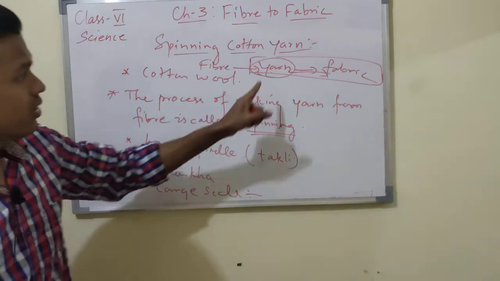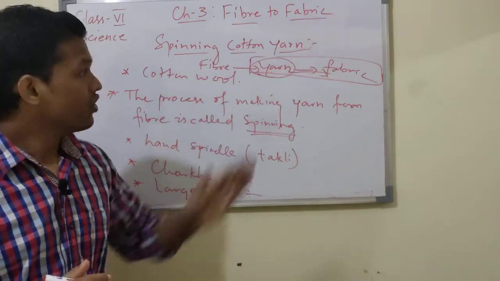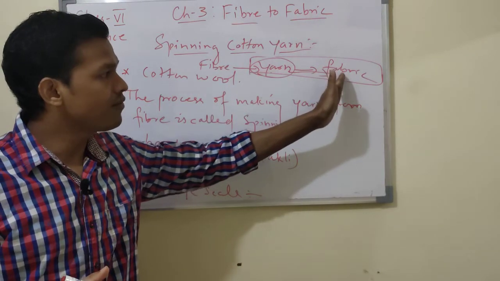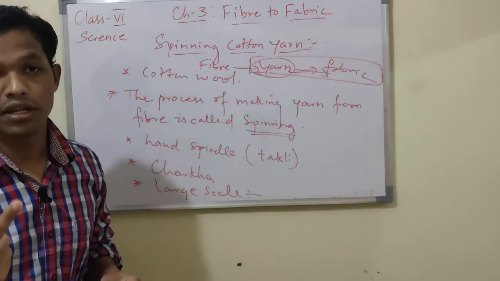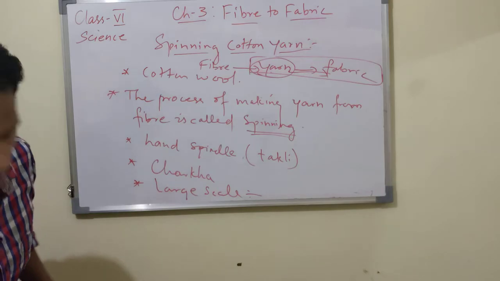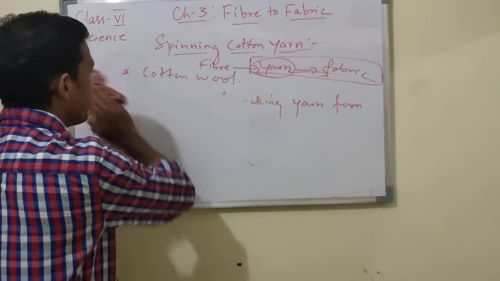So, from yarn to fabric. To make a fabric from a variety of yarns, there are mainly two processes, called weaving and knitting.